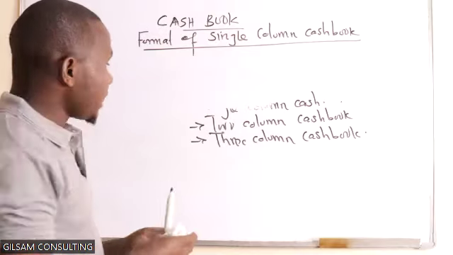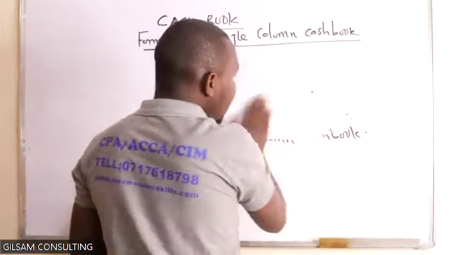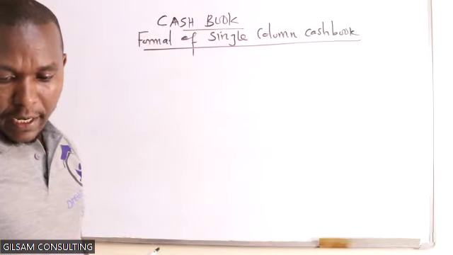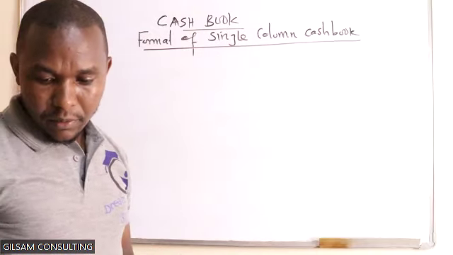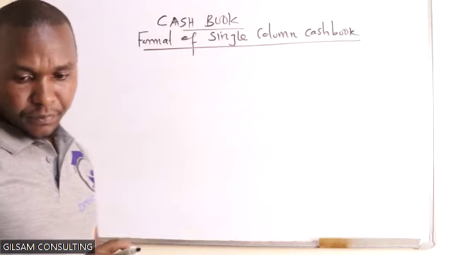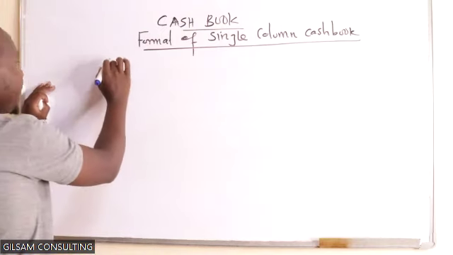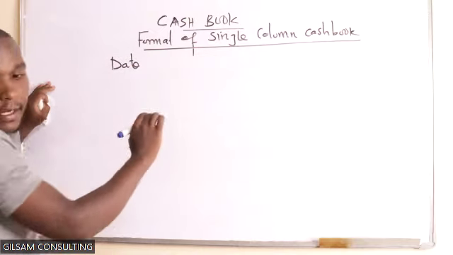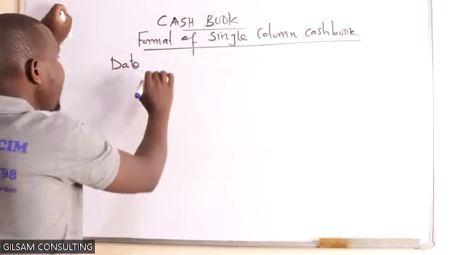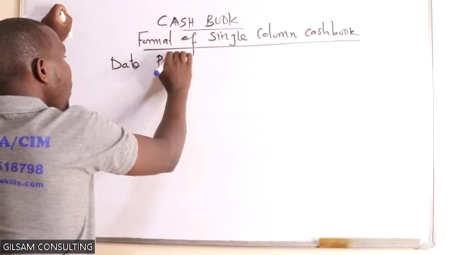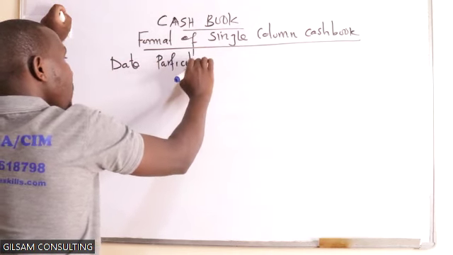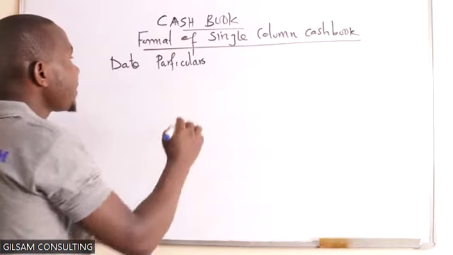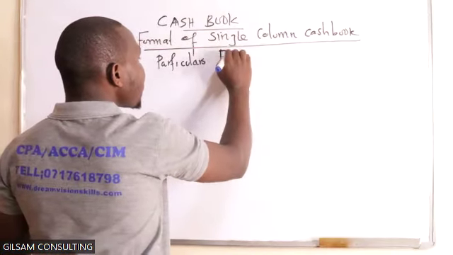So the format here: we have date. After date, you have particulars, or the item or remarks. After particulars, you write the folio, or the page.